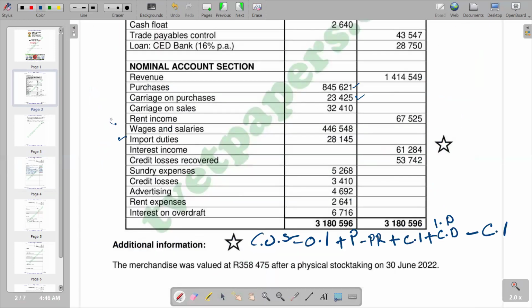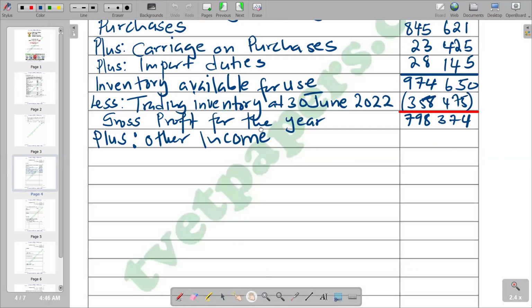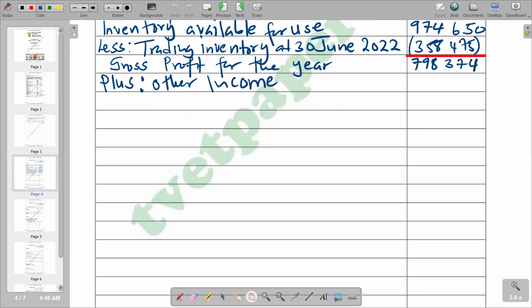If you go down under the nominal account section, we have rent income, 67,525.